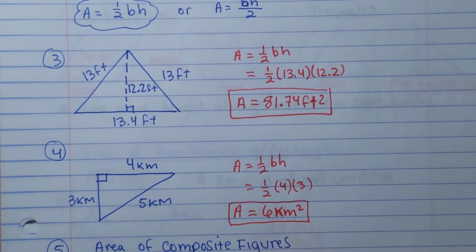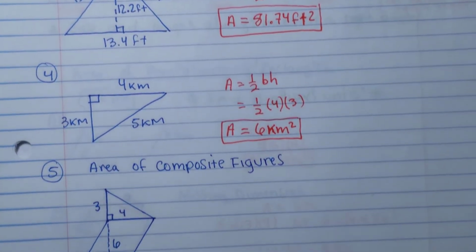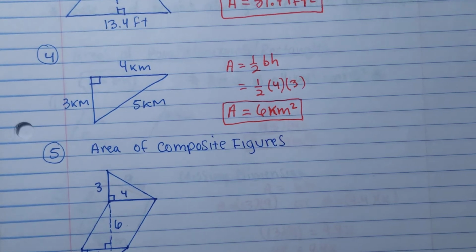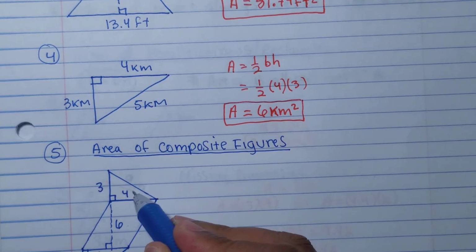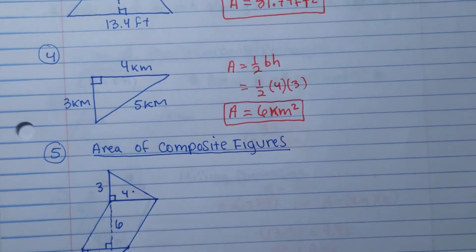Okay, and on this next example here, this is area of composite figures. As you can see, you have a triangle, a parallelogram, and another triangle.